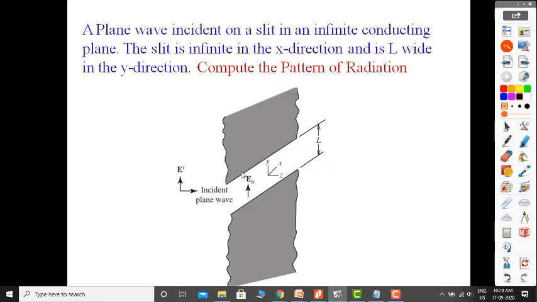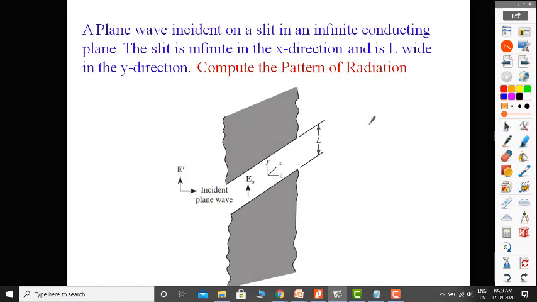If any field existed over the portion other than the slit region, the electric field becomes 0, because the tangential component of the electric field on the perfect electric conductor is 0.